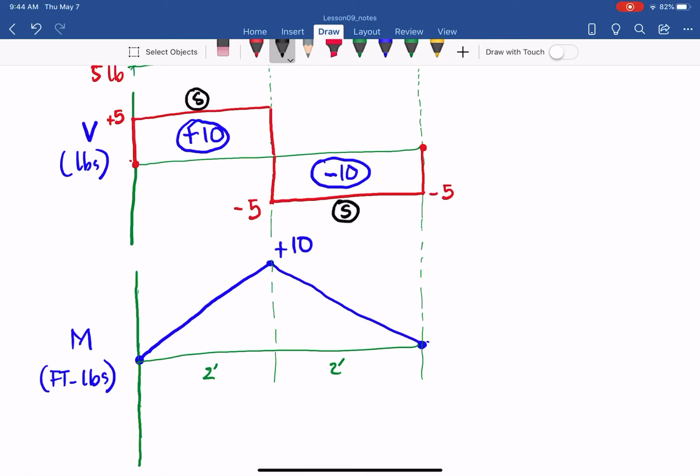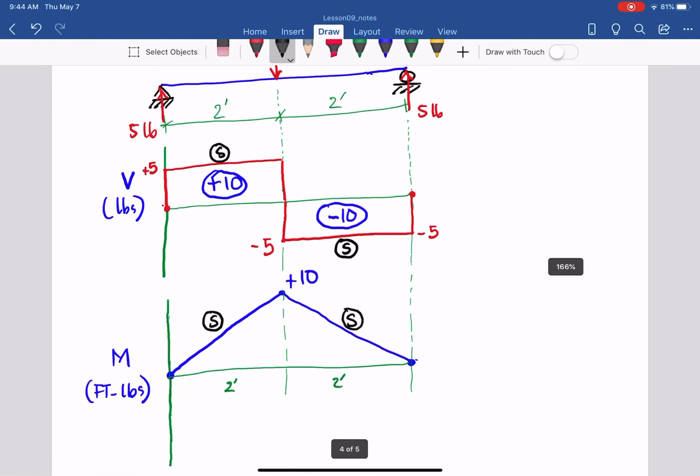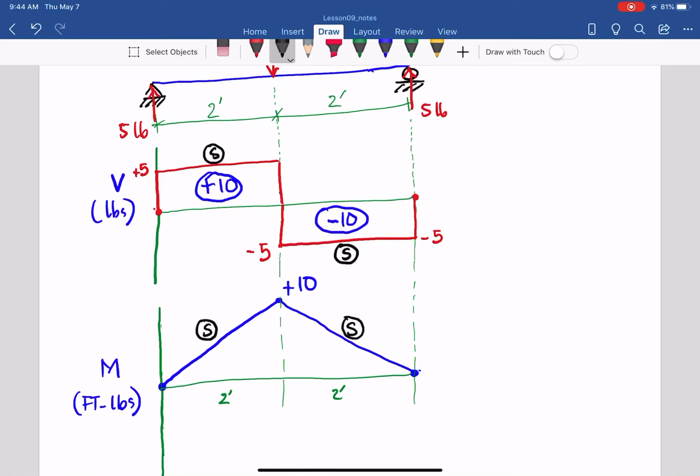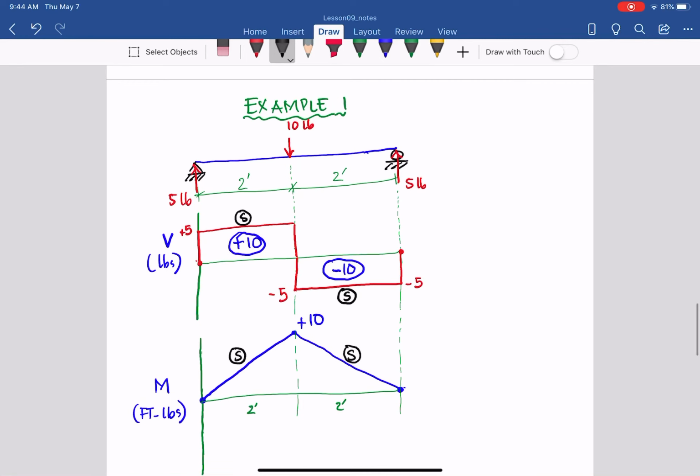So we will not argue, oh, it looks like you're drawing a curve, not really a straight line. Here, the moment is also a straight line. So if it's a straight line, put S on that segment so that we know the line you draw is straight. If it's a parabola, you put P. If cubic, meaning power 3, you put C. Make sense? So that is how you draw the first example.